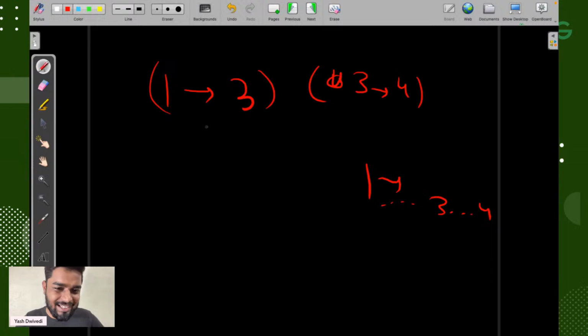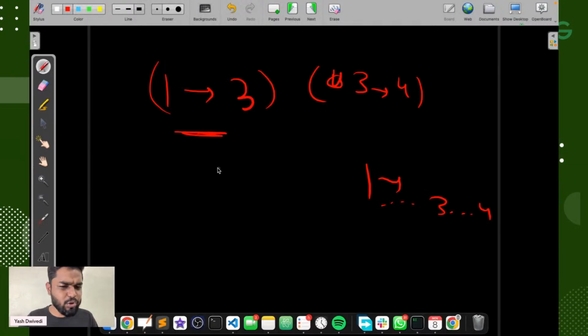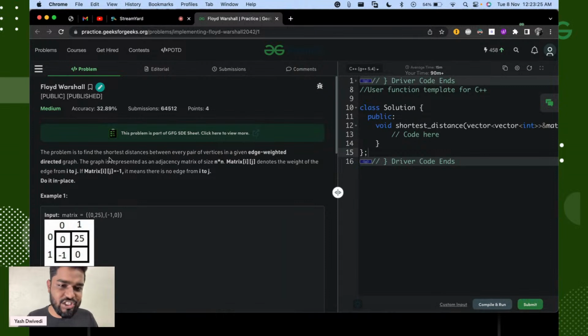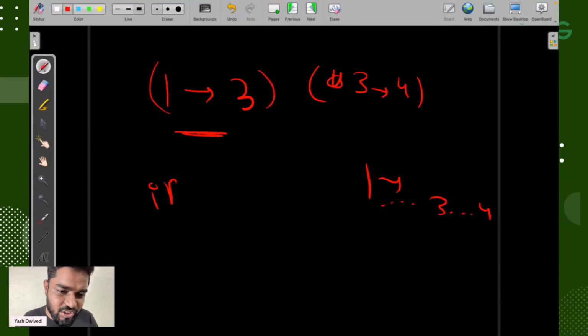If one of these paths is not possible, you will not consider such paths. You don't need to put them as infinity or INT_MAX. Chaman, you can directly check them by using an if condition in this particular case.